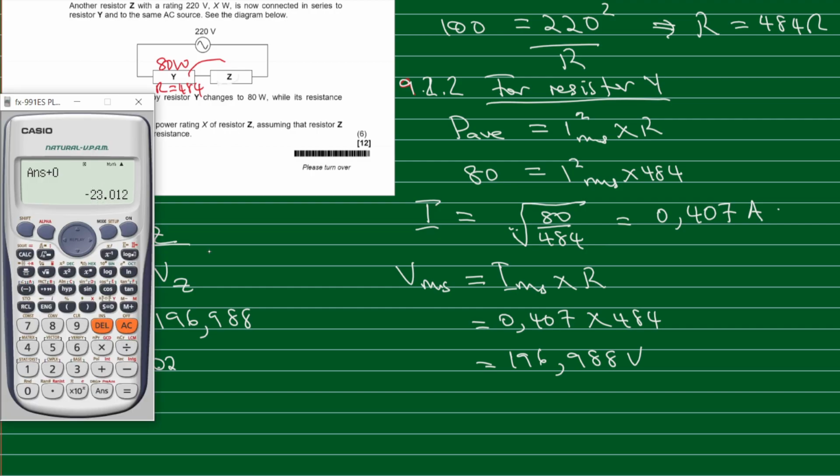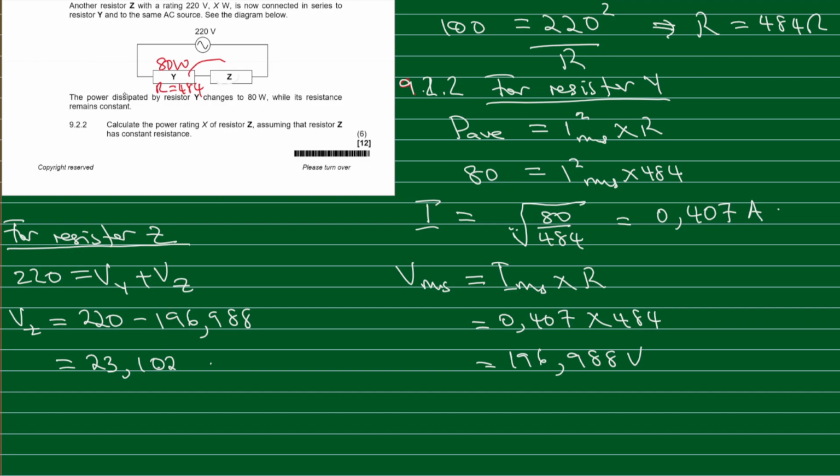Yes, 012. So we need to make a correction here. So that is the V at Z. Now we've gotten the V for Z.